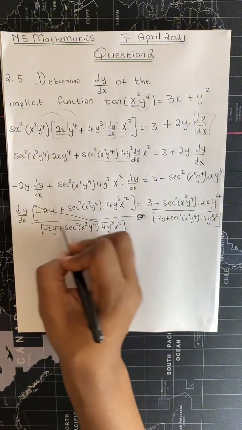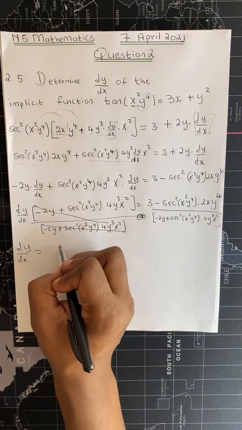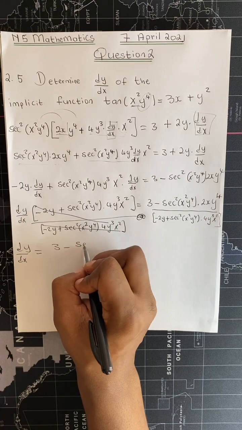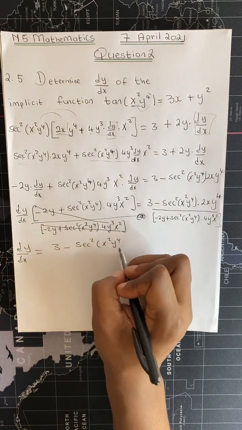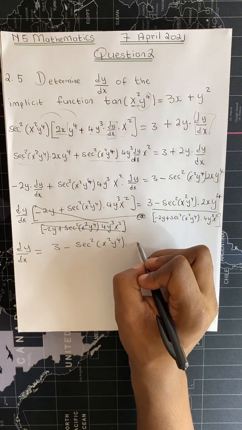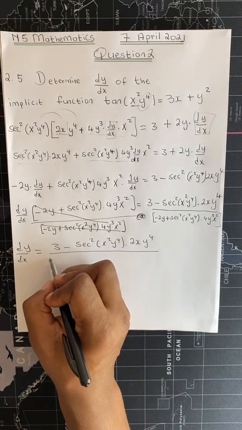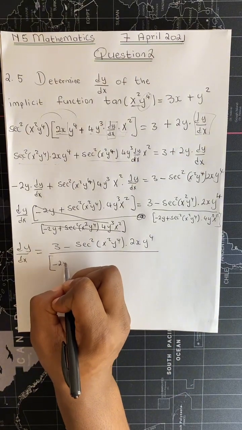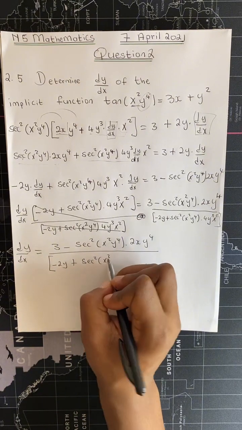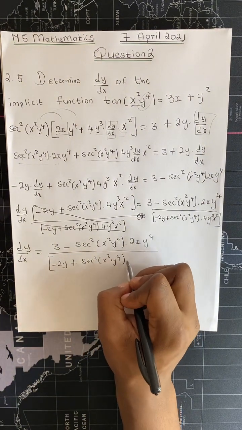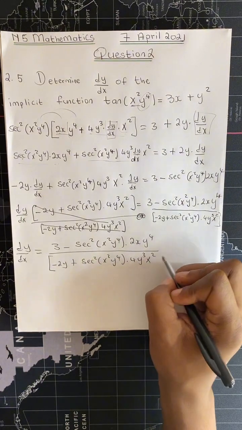These two will cancel out each other, and our dy over dx will be equal to 3 minus sec squared x squared y to the power 4 multiplied by 2x y to the power 4 over negative 2y plus sec squared x squared y to the power 4 multiplied by 4y cube x squared.